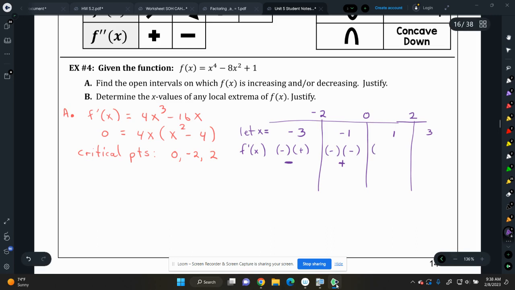When x is +1, we get a positive and a negative, which is negative. When x is 3, I get a positive times a positive, which gives me a positive. So f of x is decreasing, increasing, decreasing, increasing.